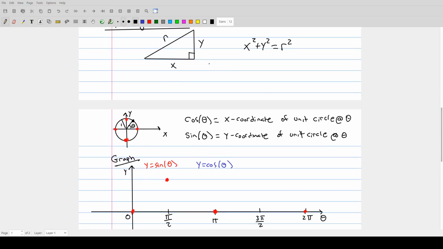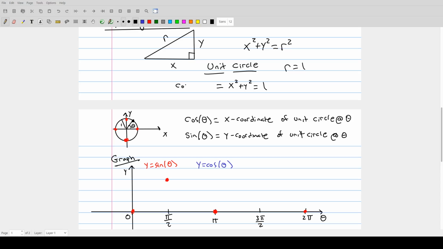So for the unit circle, when r is equal to 1, that means that x squared plus y squared is equal to 1. And this actually gives us a very nice relationship that we can always use. I would probably call this relationship that I'm about to write down the most fundamental relationship in all of trigonometry.